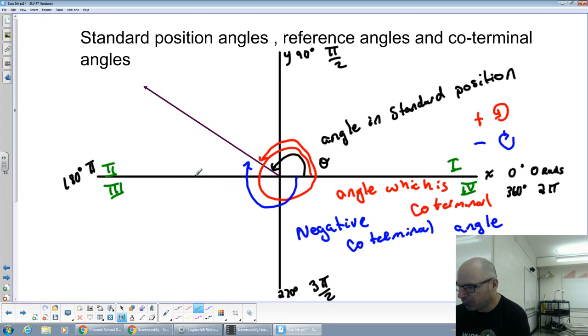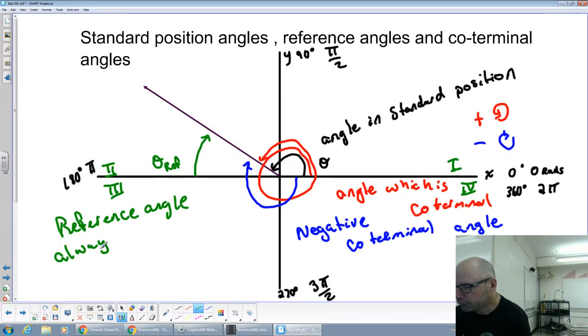So this would be an example of a reference angle. A reference angle is always measured from the x-axis in a particular quadrant.